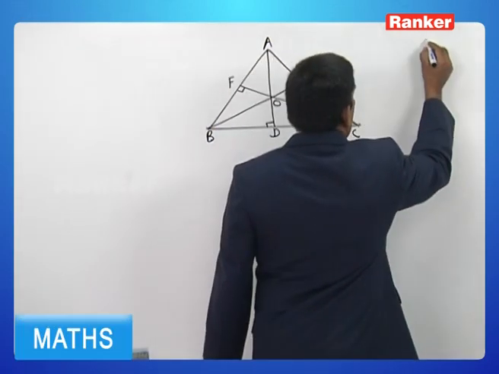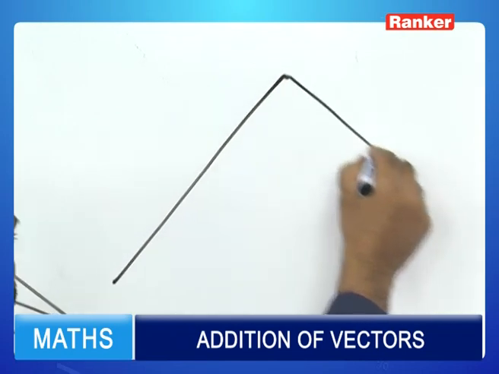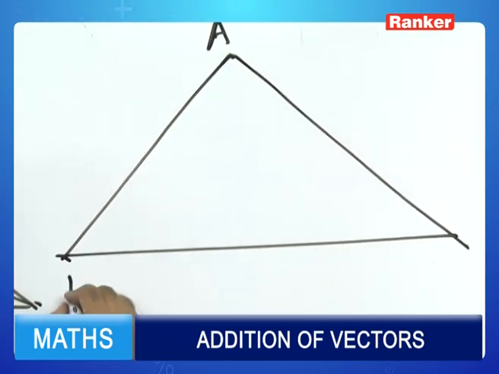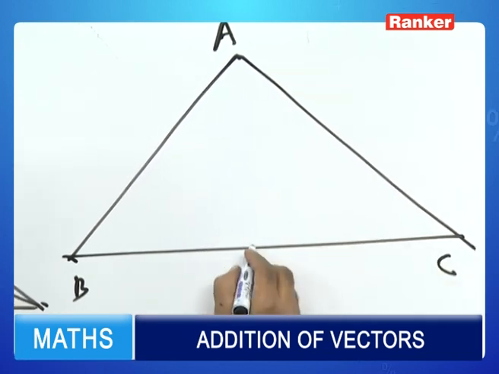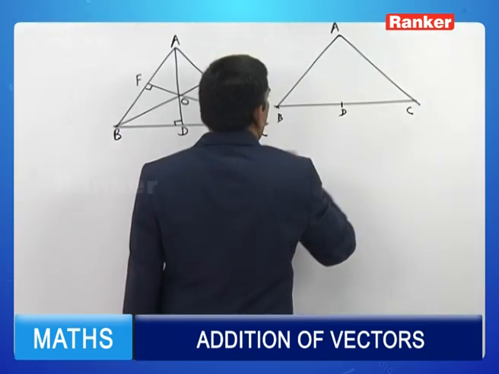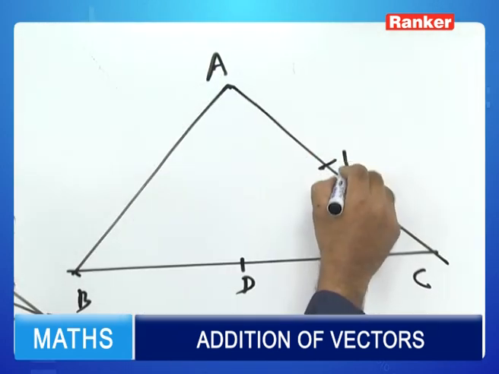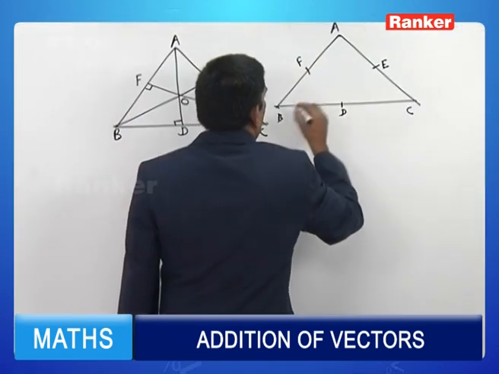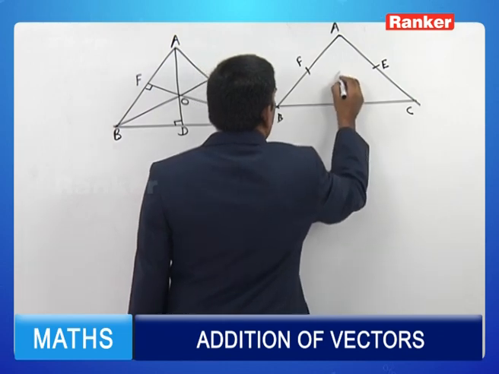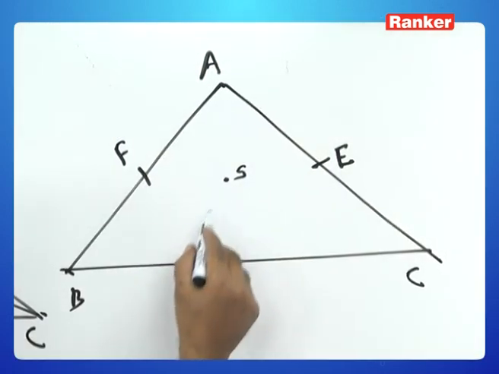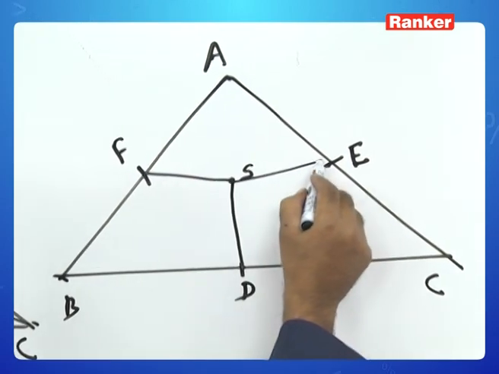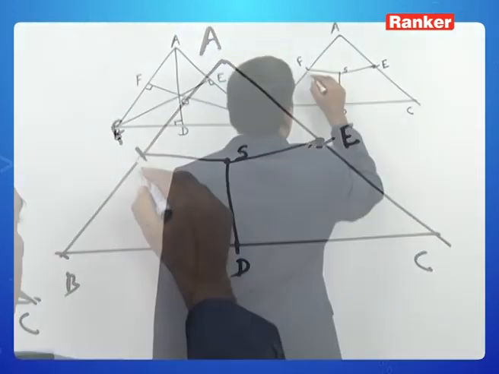Now if I go to the circumcenter. What is circumcenter? In triangle ABC, you take D as a midpoint, E as a midpoint, F as a midpoint. S is the circumcenter, the point of concurrence of perpendicular bisectors.